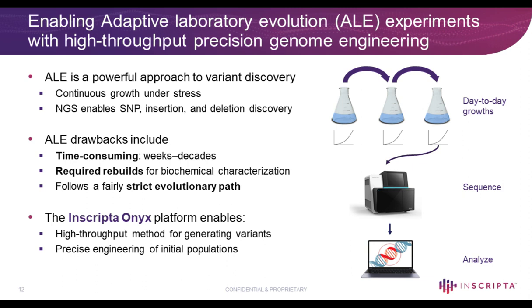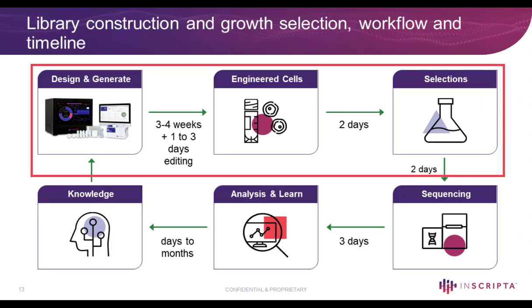But you can simultaneously use this to ask a lot of new questions, because you have your starter population that you know precisely, and then you can make these modifications and grow out from there so that you're no longer restricted to that strict evolutionary linear path. We really think that this provides a lot of power to the ALE workflow.